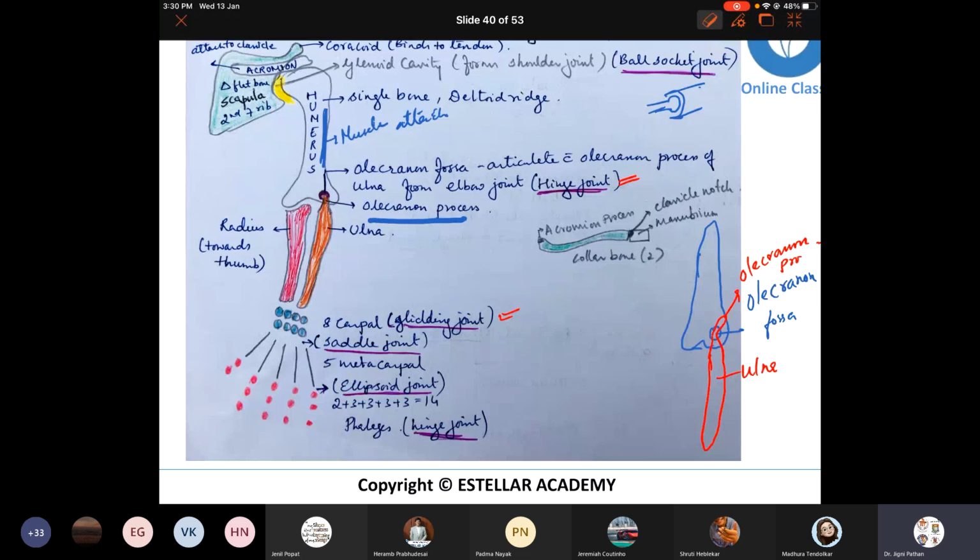From the wrist to the metacarpals, coming to your palm, between them there is a saddle joint. From the metacarpals or the palm to your fingers, that is called an ellipsoid joint. In the fingers, between the phalanges, that is called a hinge joint. Do you want me to repeat?